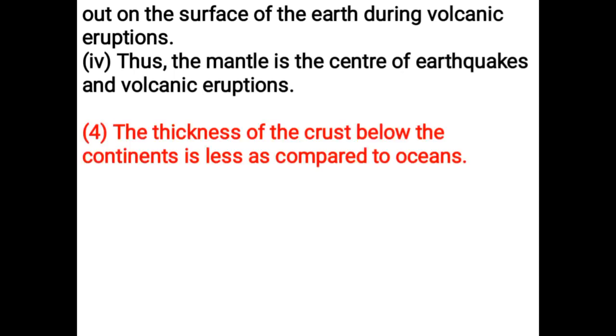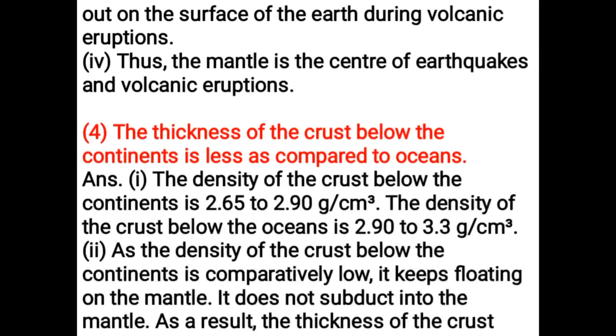The thickness of the crust below the continents is less as compared to oceans. The density of the crust below the continents is 2.65 to 2.90 gram per cubic centimeter. The density of the crust below the oceans is 2.90 to 3.3 gram per cubic centimeter. As the density of the crust below the continents is comparatively low, it keeps floating on the mantle.